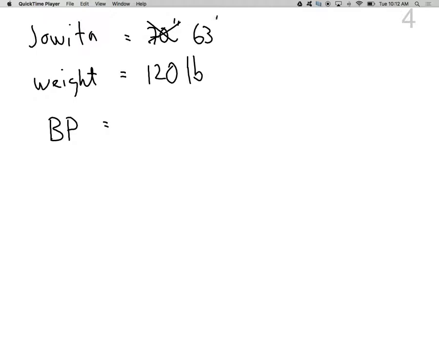Thank you. All right. What can you bench? How much? Atta girl. Nice job. 45 on each side. Okay, just the bar.